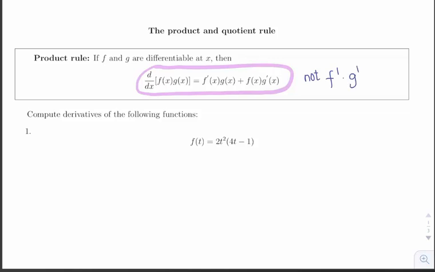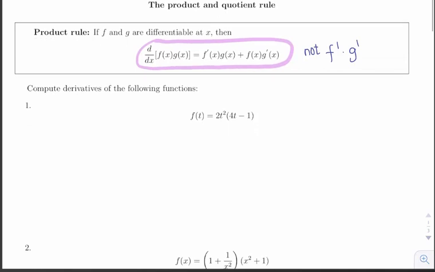That's one of the common mistakes that students tend to make at the very beginning of the course. Whenever you compute the derivative of a product of two things or more, it is not just the product of their derivatives. So let's go through several examples, and once you have enough practice, you will see that it's not so bad.